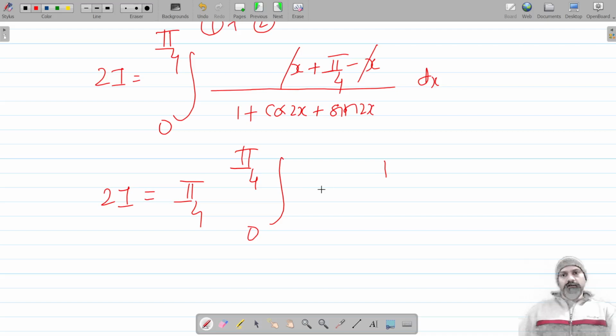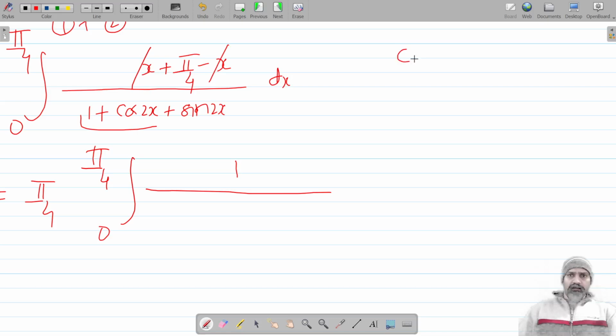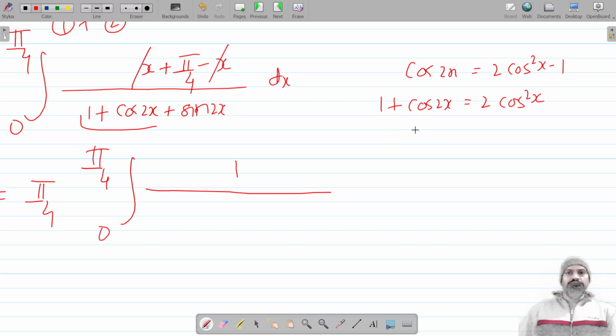Now this 1 plus cos 2x. We all know that cos 2x is equal to 2 cos square x minus 1, which becomes 1 plus cos 2x is equal to 2 cos square x.